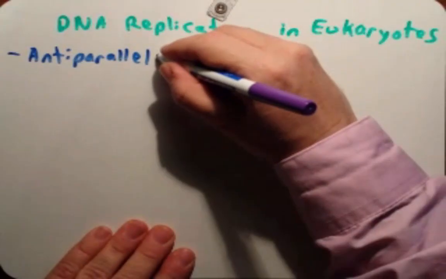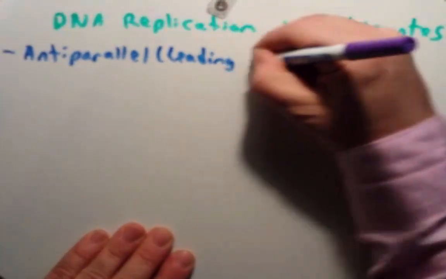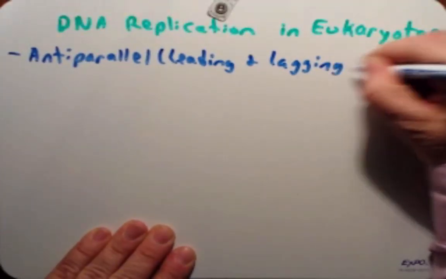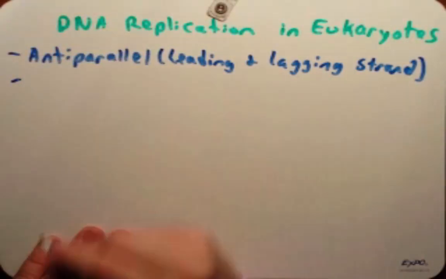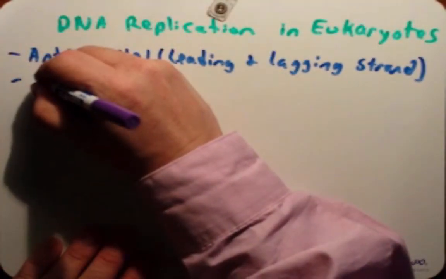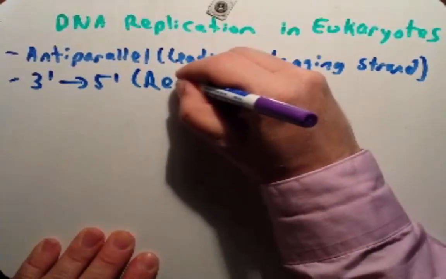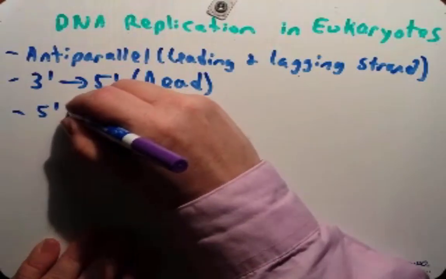So that means we still have that leading strand and lagging strand. DNA is still read 3' to 5', and new DNA is still synthesized 5' to 3'.